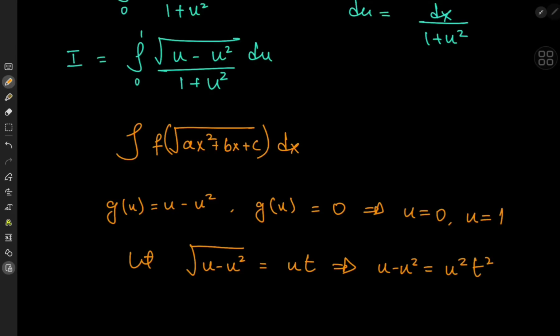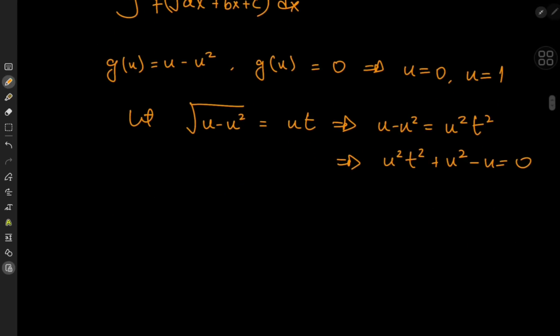So this implies, on squaring everything, we have u minus u squared equal to u squared t squared. And this further implies that u squared t squared plus u squared minus u equals 0. And now we can factor out the u squared from the first couple of terms, and we have u squared times 1 plus t squared minus u equal to 0. Now there are again two roots here.